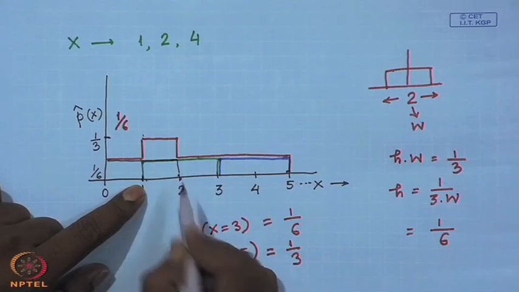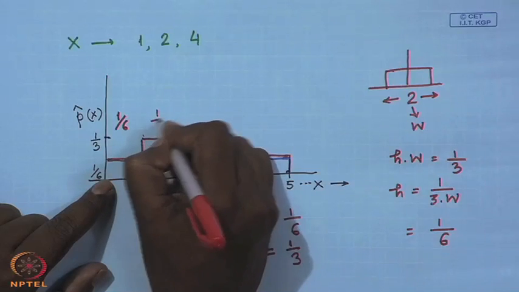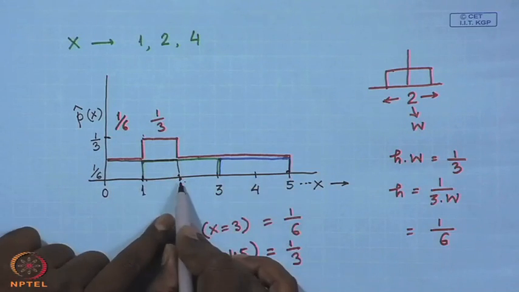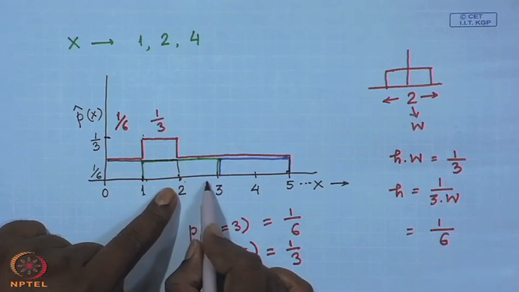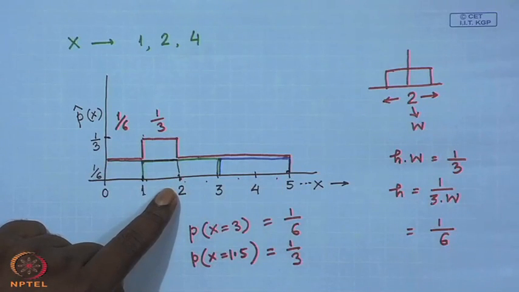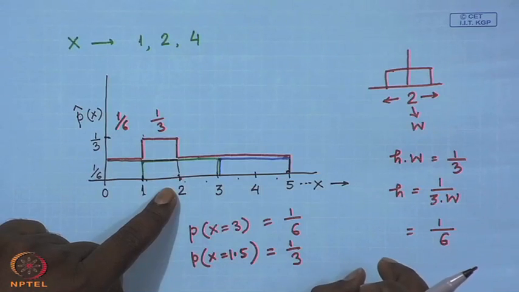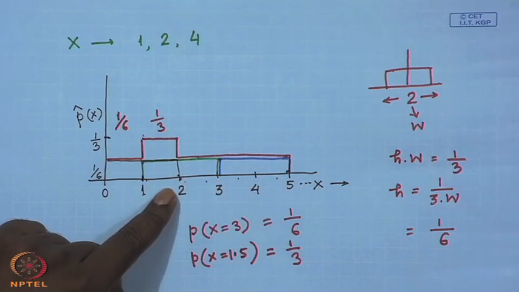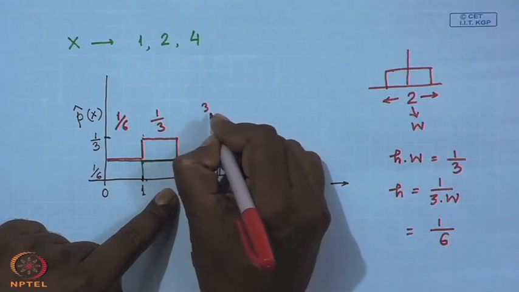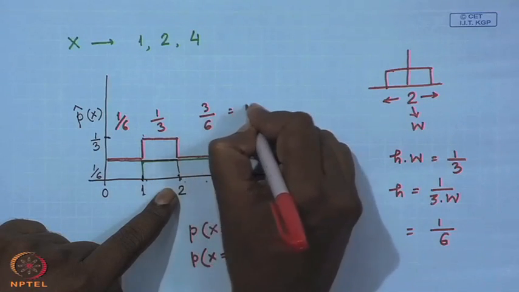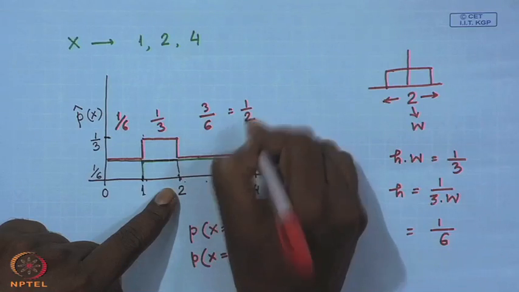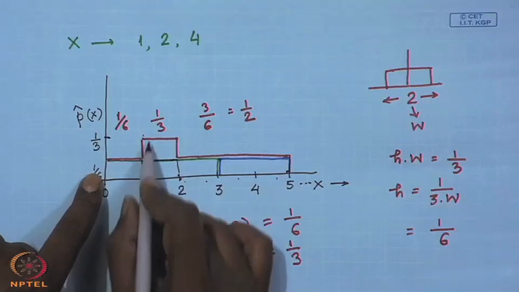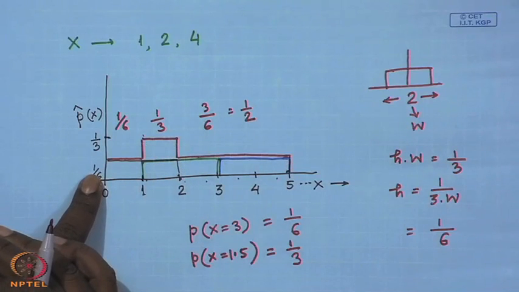From here to here the area is 1 upon 3, and from here to here the area is, I have 1, 2, 3 different segments of length 1, each having a height of 1 upon 6. So, it will be 3 by 6, which is nothing but half. Okay. So, if I add all these, I will get the total area under this probability density curve.